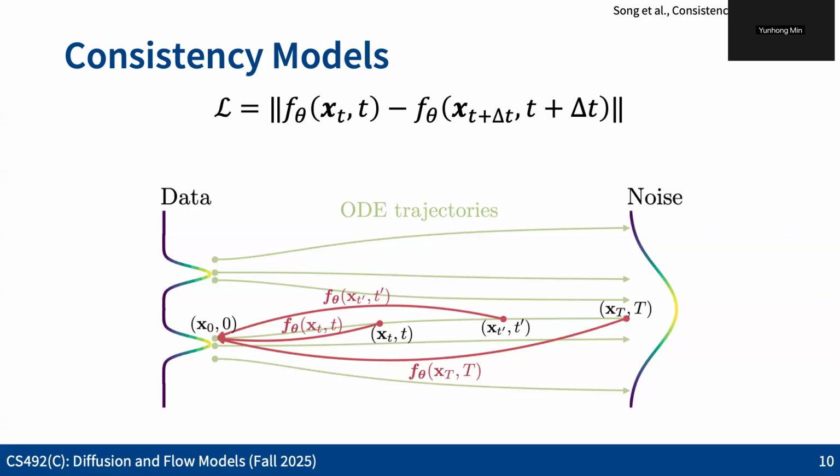We already know this trajectory, since we already computed the ODE. For the earlier point x_t prime, the expectation of the final output is made to get closer to the expectation of the final output at the next point. That's the basic idea.